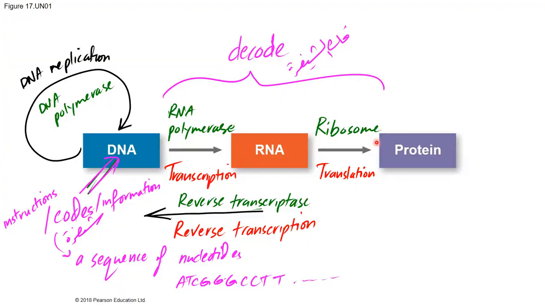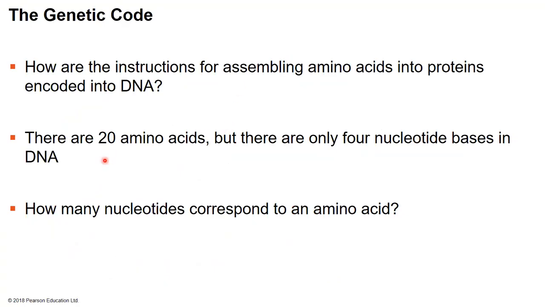Of course, reading the instructions of DNA and RNA to build proteins requires transcription and translation. We have a specific language that is used to write the instructions of DNA and RNA, and this language consists of 4 letters or 4 nucleotides, but the language used to write proteins consists of 20 amino acids. So there are 20 amino acids, but there are only 4 nucleotides.